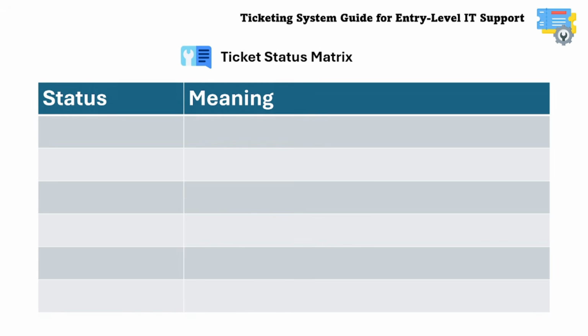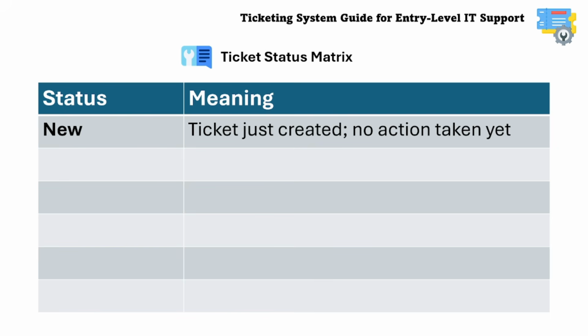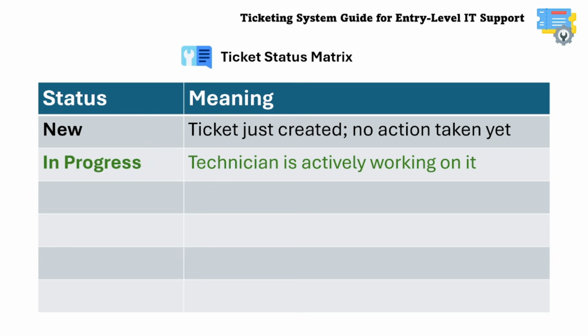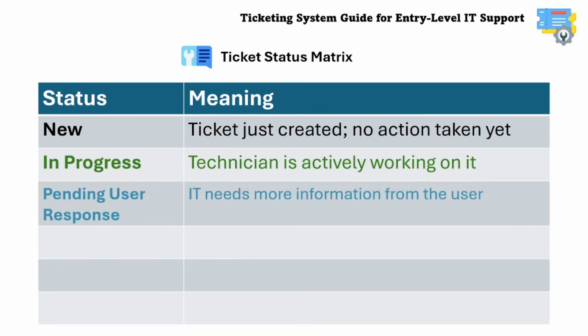Here's the matrix for ticket status. New is when a ticket was just created, no action taken yet. In progress is when a technician is actively working on it. Pending user response is when IT needs more information from the user.